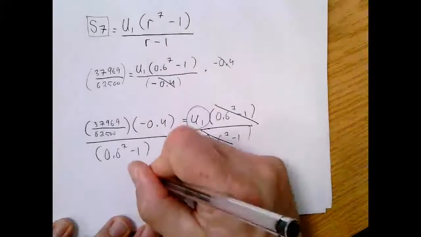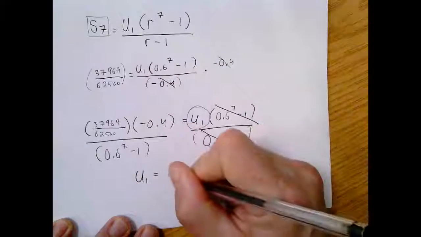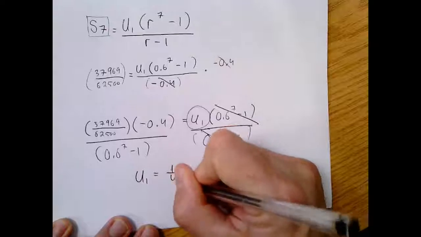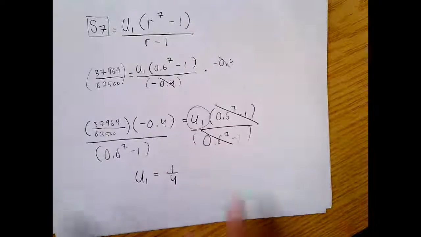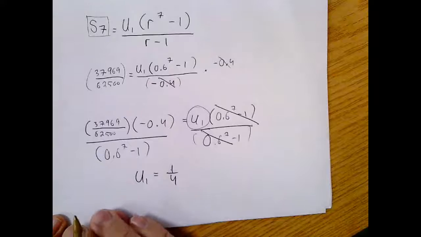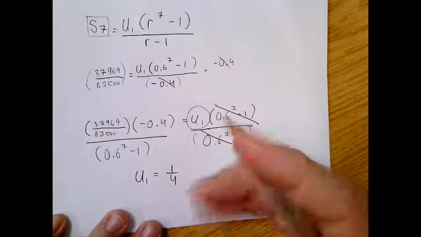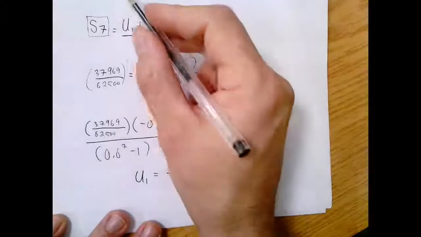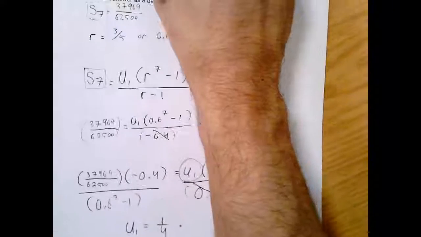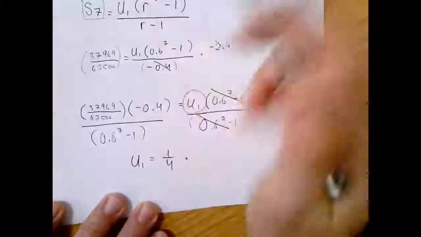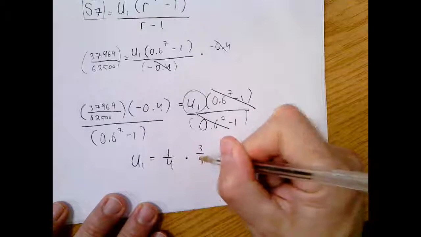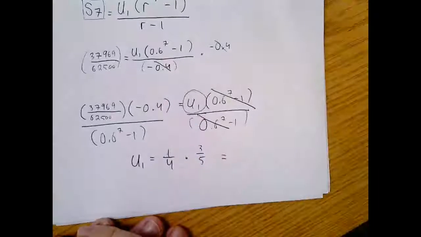So if you come here, my first term is 1/4. Well, we're looking for our second term. How do I get to my second term? Like we said earlier, we just multiply it by our r value, 3/5. So this will get me to my second term. This is just understanding the nature of geometric sequences.